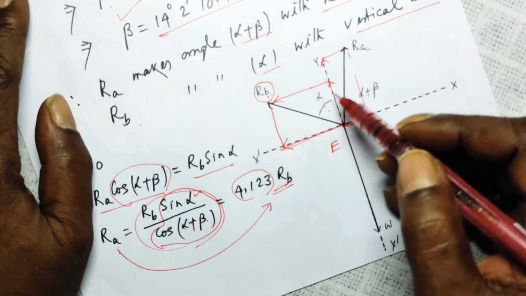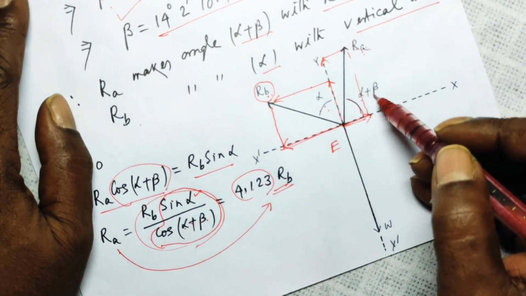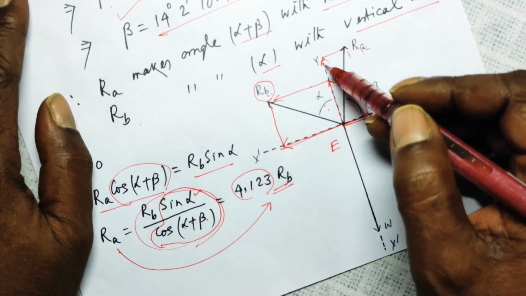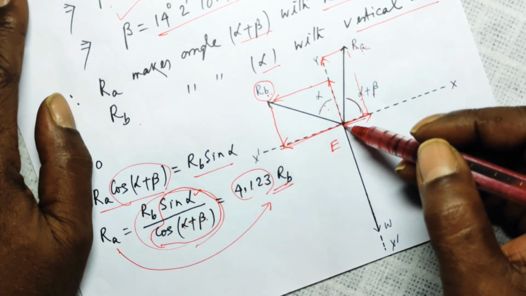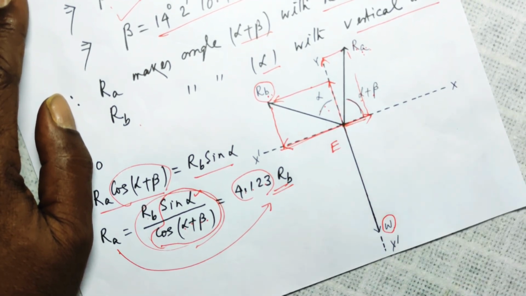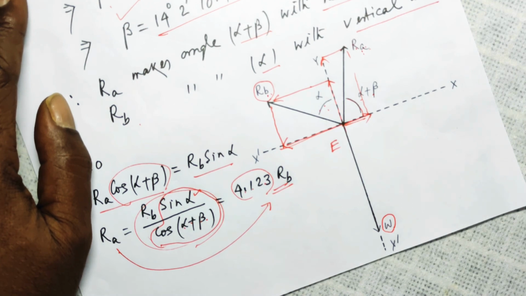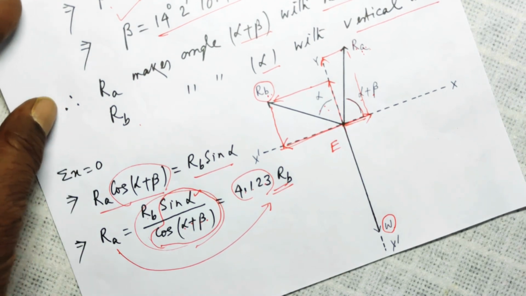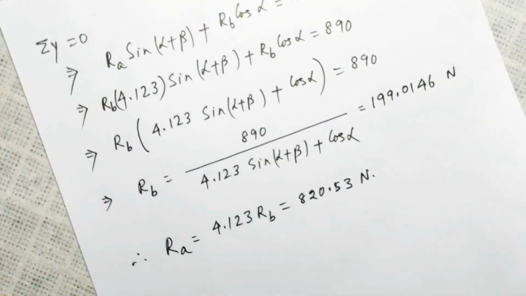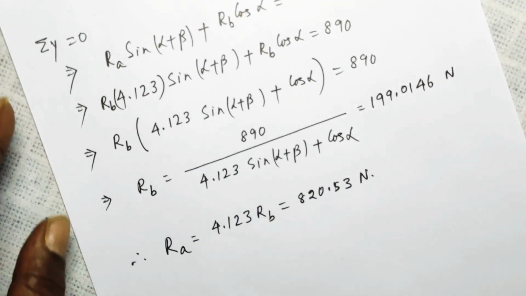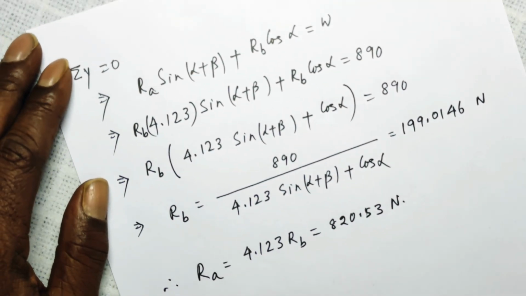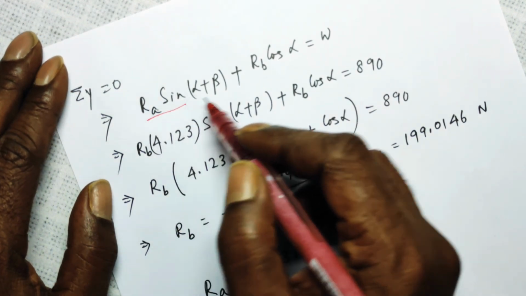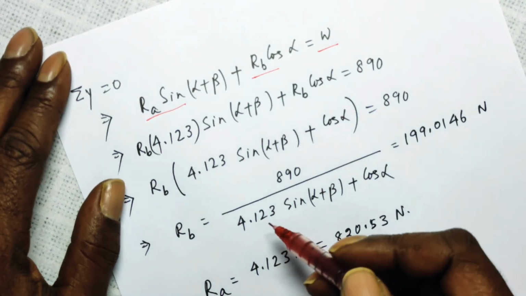RA sin alpha plus beta and RB cos alpha are in the positive y-axis, so they will be added and that will be opposed by W. And since the system is in equilibrium, they have to cancel each other's effect. So that is what I am doing here. Sigma y is equal to 0.